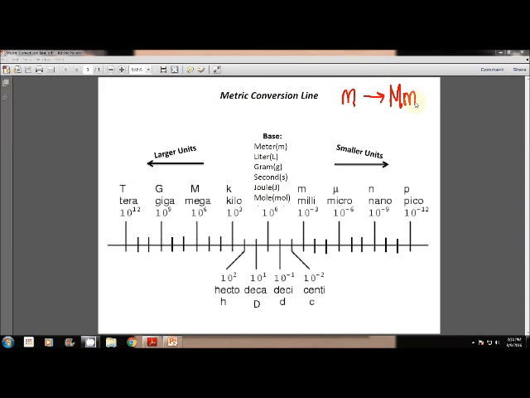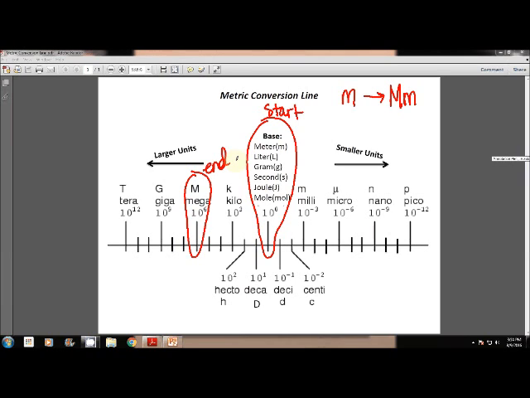Well, first off, the lowercase m that we're starting at has no prefix. It's just one letter. So that means we're starting at base. And then we need to go to big M, little m. The big M stands for mega. So that's megameters, in case you're wondering, because the little m is meters. So we're starting at base and we need to go to mega.